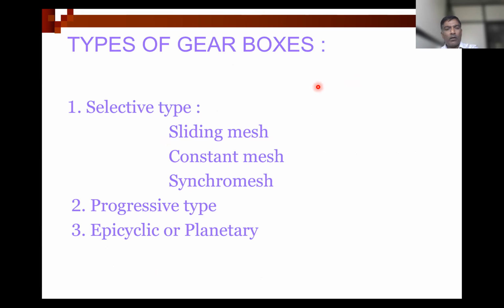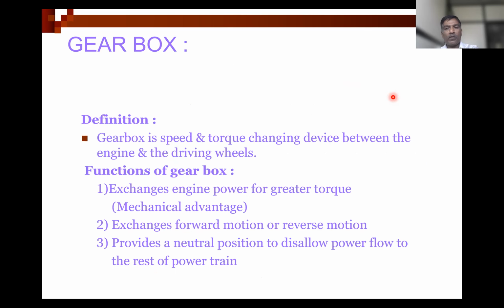Then we are going to see what is a gearbox. Gearbox is a speed and torque changing device between engine and driving wheels.